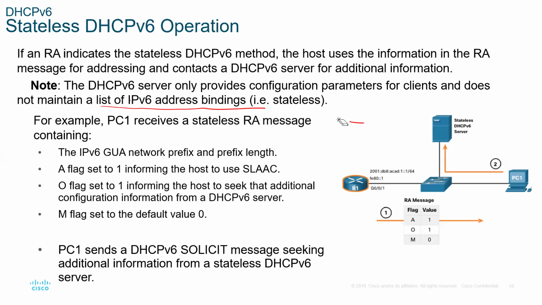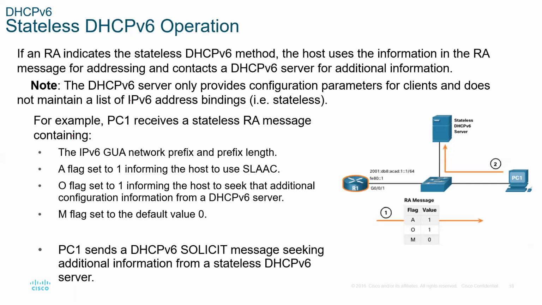That is why we say it does not track or monitor which addresses are being assigned to which hosts. With stateful, automatically there is binding because it monitors and tracks every IPv6 address, where and to whom it is assigned.